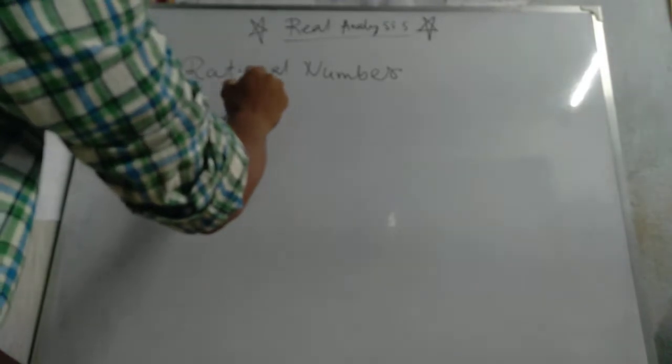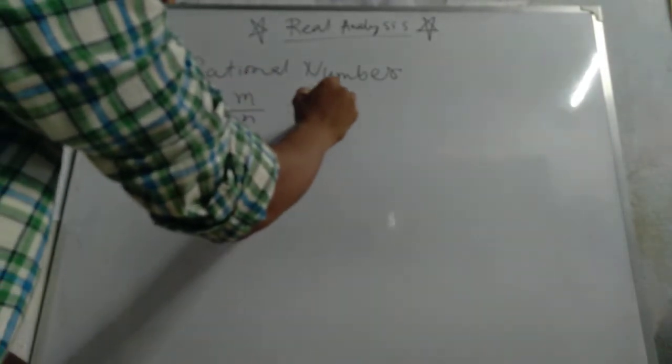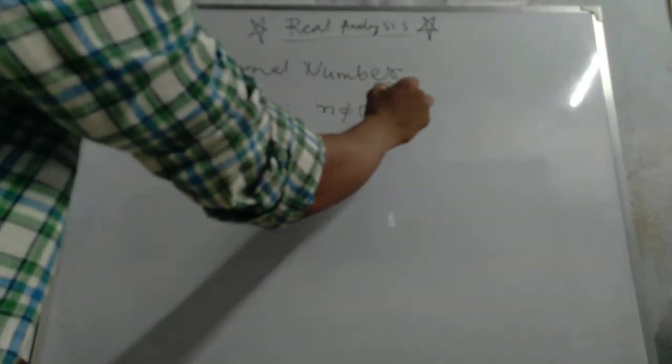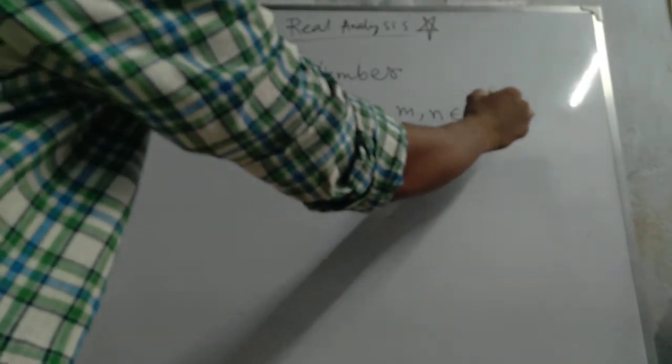Rational numbers. Rational numbers are those numbers of the form m by n, where n is not equal to 0 and m, n belong to the integers. Those numbers are called rational numbers.